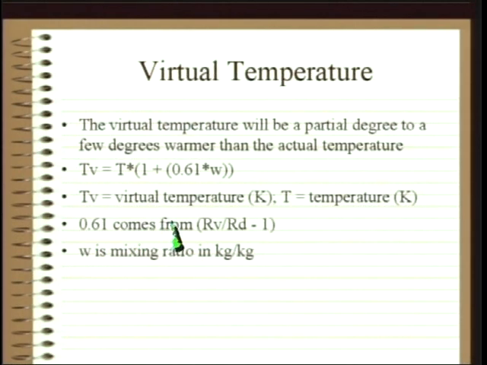The 0.61 comes from RV divided by RD, so it's a ratio of the gas constants, and subtracted 1. And W is the mixing ratio expressed in kilograms per kilogram, and that's very important. If the mixing ratio is in grams per kilogram, you'll want to convert that to kilograms per kilogram before you insert that into this equation.